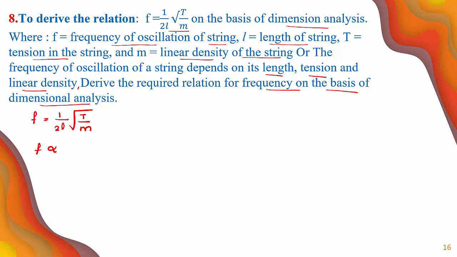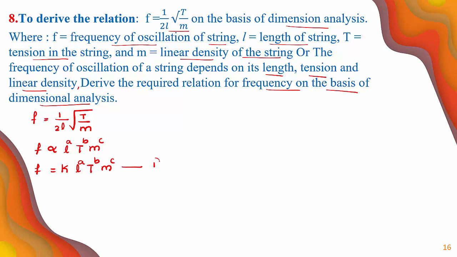Here 1 by 2 is dimensionless constant, leave it. Remaining is what? Only L raised to A, T raised to B, M raised to C. So now we got f is equal to dimensionless constant k, L raised to A, T raised to B, M raised to C.